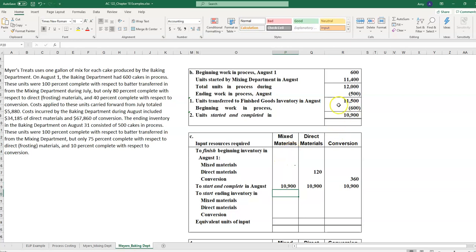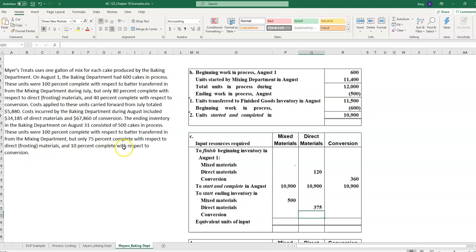And the last thing that we need is these 500 ending work in process. So the 500 ending are 100% complete for mixed materials or transferred in. So 500 times 100%. We're 75% complete for direct materials, so we're going to take that 500 ending times 75%.